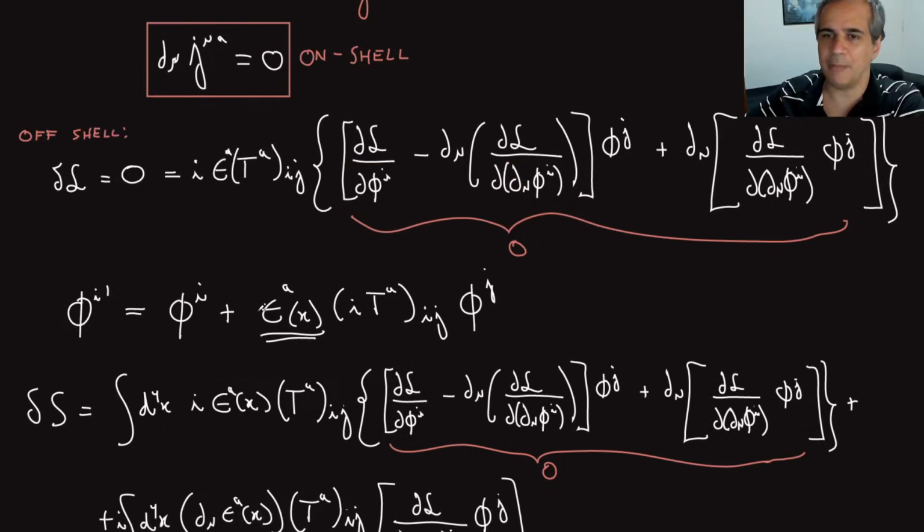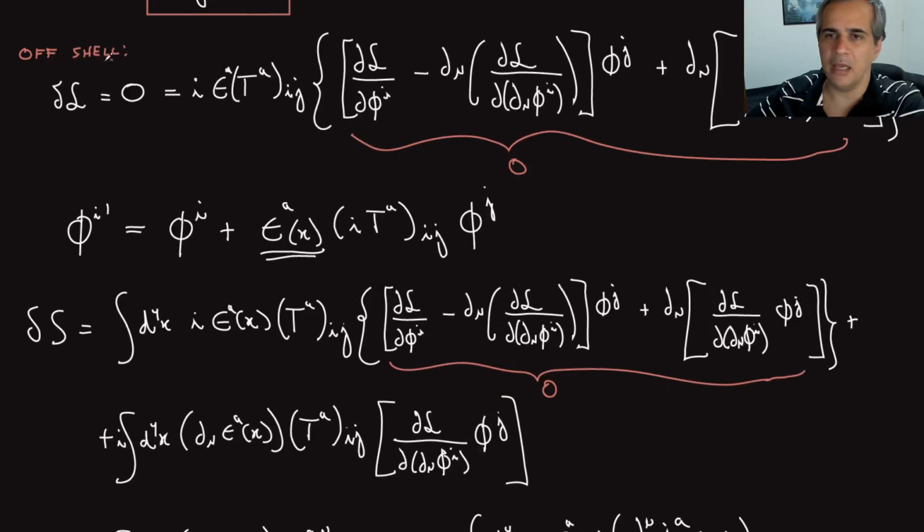We have seen what happens if you include now configurations of the field that are not on shell, do not satisfy the equations of motion. That means that now the Lagrangian, this whole thing needs to be 0 and you don't have a conserved current, right?